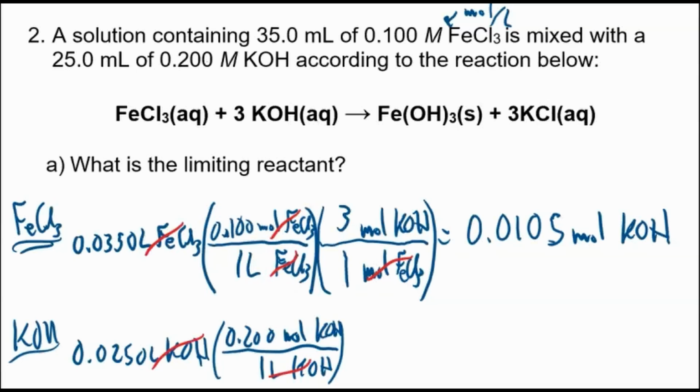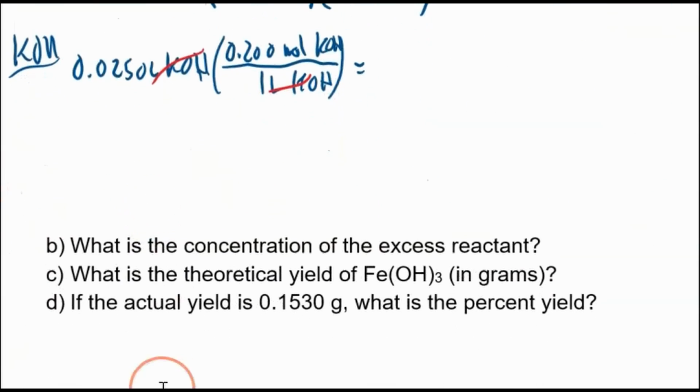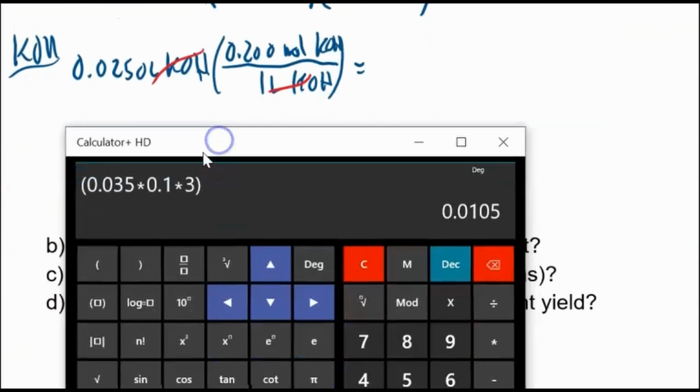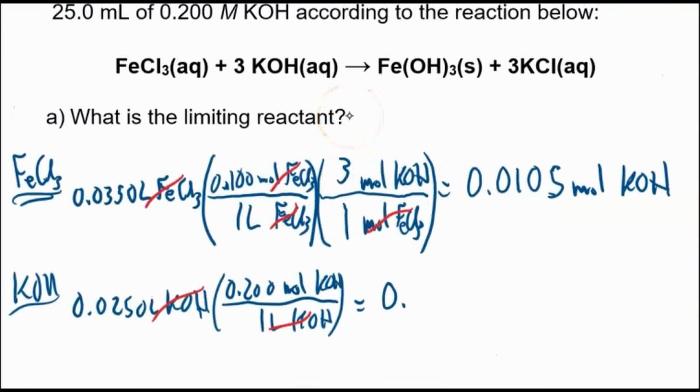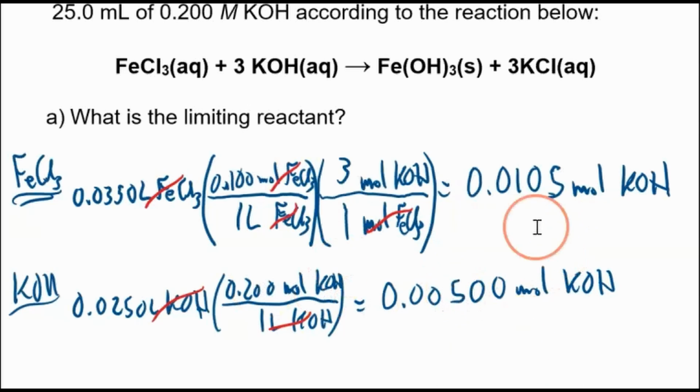So liters of KOH cancel, and if we plug this in, I don't really need a calculator, but I'll put it anyway. 0.2 times 0.025 is 0.005. Now there's 3 sig figs here and here, so I better make this 3 sig figs. Moles of KOH.